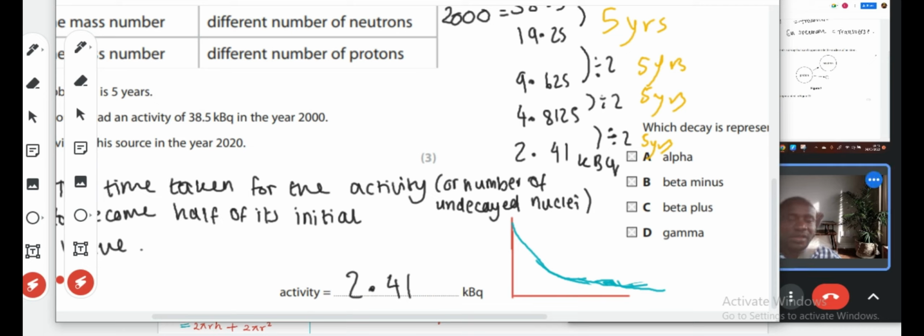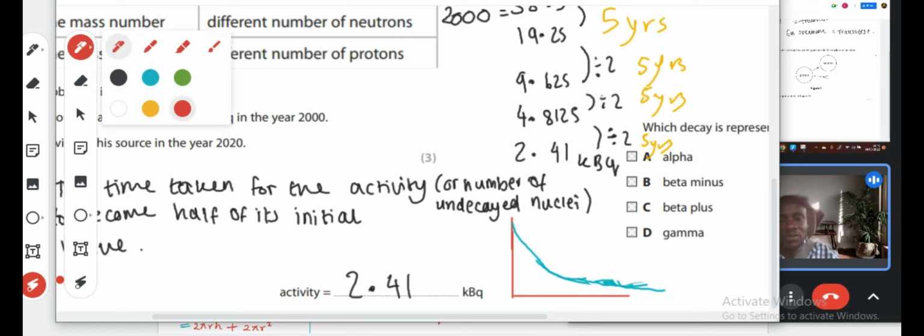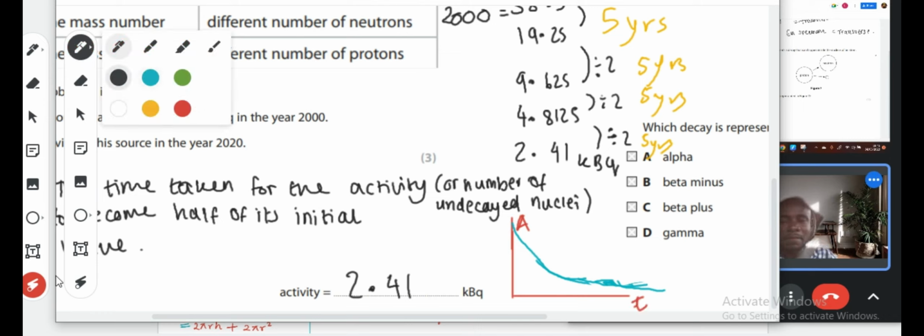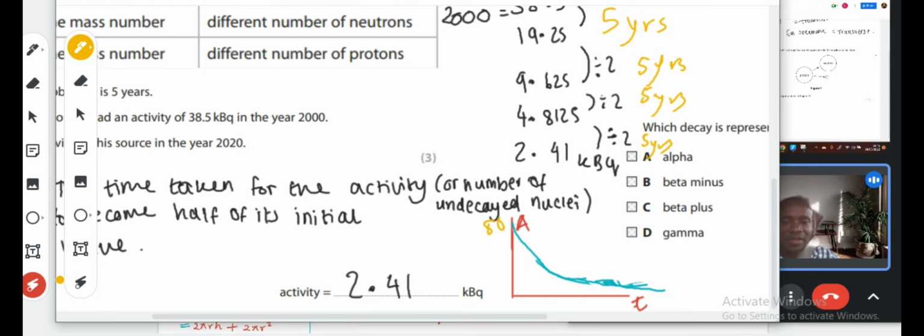Okay, by the way, the y-axis is the activity or number of undecayed nuclei. So I will just represent it with A, activity. Then this is time. Assuming it started with an activity of, let me use the one I was using as an example, 80.